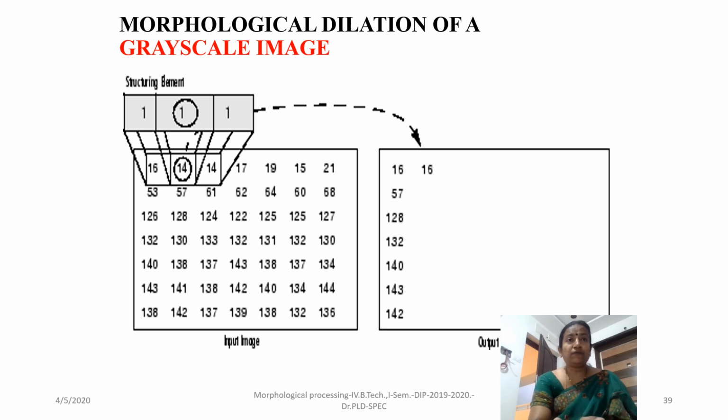Whenever we overlap the structuring element over these 3 pixels of an input image, the center pixel value gets replaced by the maximum value of these 3 pixel locations, that is 16 here. The center pixel also gets replaced by 16. This is the way to do the dilation operation on grayscale images.